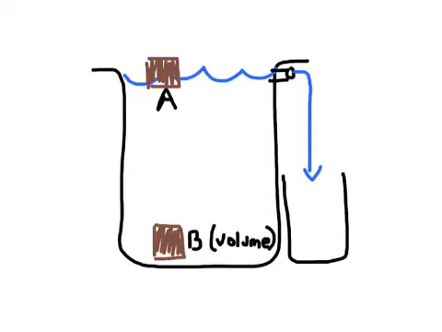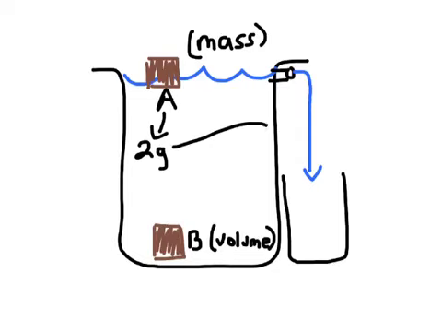So how much water will A displace? Well, A will displace an amount of water equal to its mass. For example, if A weighs 2 grams, then 2 grams of water will go into the catchment beaker.